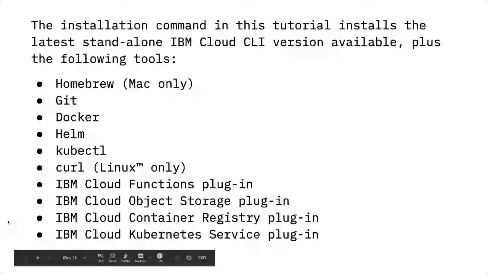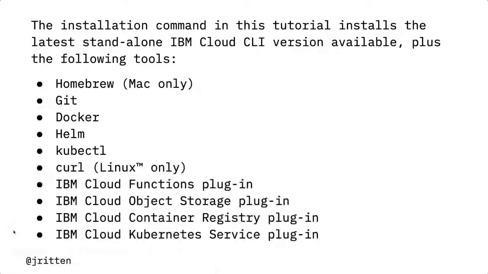So for reference, you're probably wondering, what's all the stuff that I'm installing on my computer? The installation command in this tutorial is going to install the latest standalone IBM Cloud CLI version available. It's also going to install Homebrew on Macs only, Git, Docker, Helm, Kubectl, and curl on Linux only.